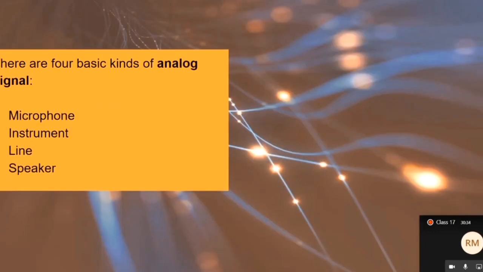Okay, so in the realm of pro audio, if you're going to be an engineer or sound producer, run live shows, you're going to encounter 4 basic kinds of analog signal. And they are microphone, instrument, line, and speaker.